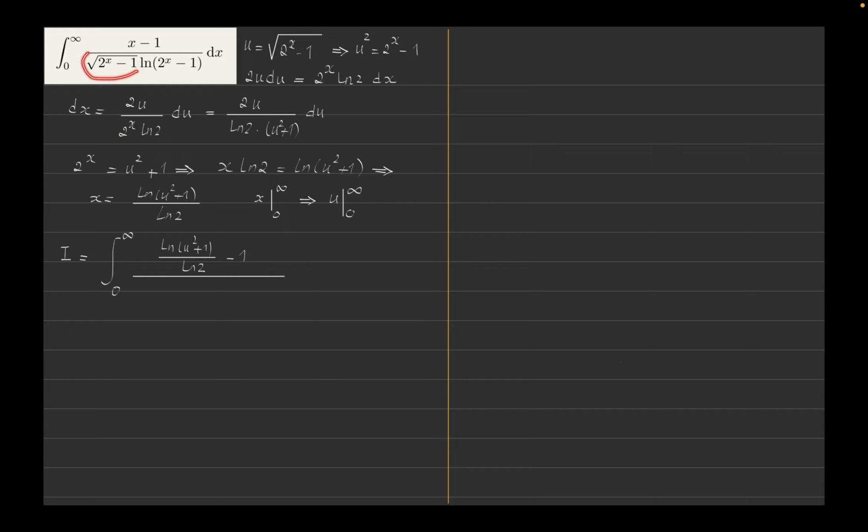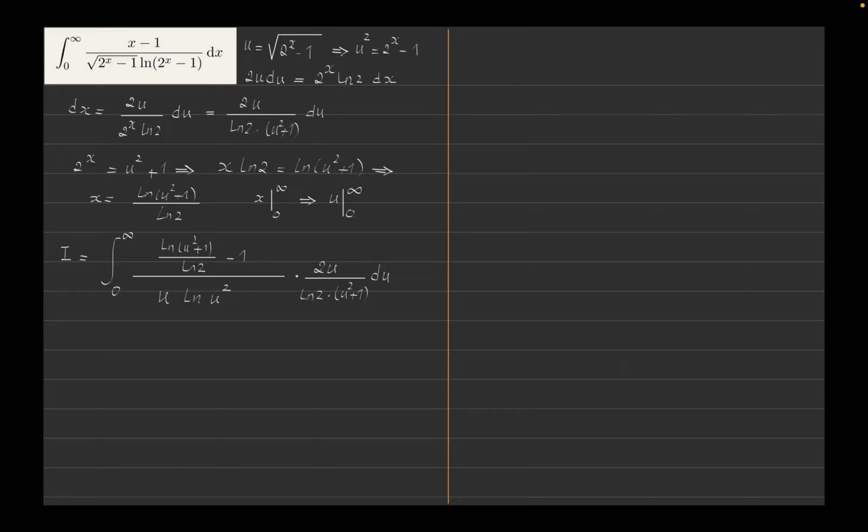Instead of square root of 2 to the x minus 1, I can simply put u. And instead of this expression here, I can put u squared. And instead of dx here, I can put this expression in. So let us do them. So this becomes u ln of u squared, and then here I will have 2u divided by ln of 2 multiplied by u squared plus 1 du.